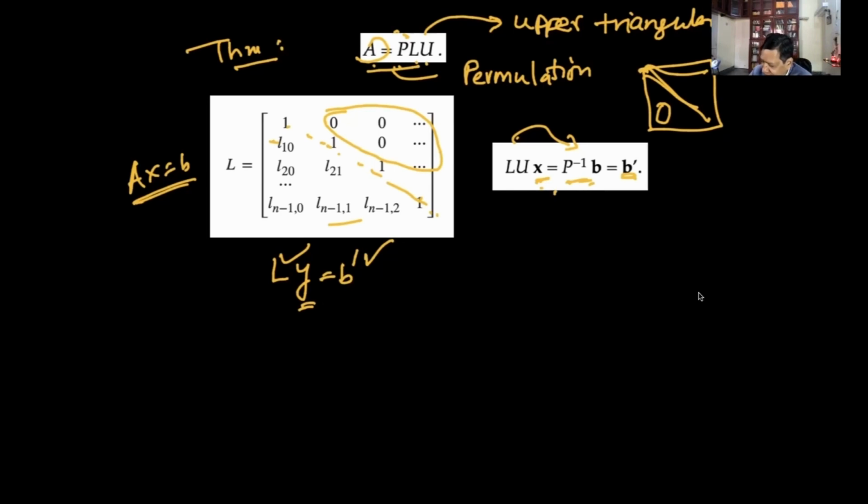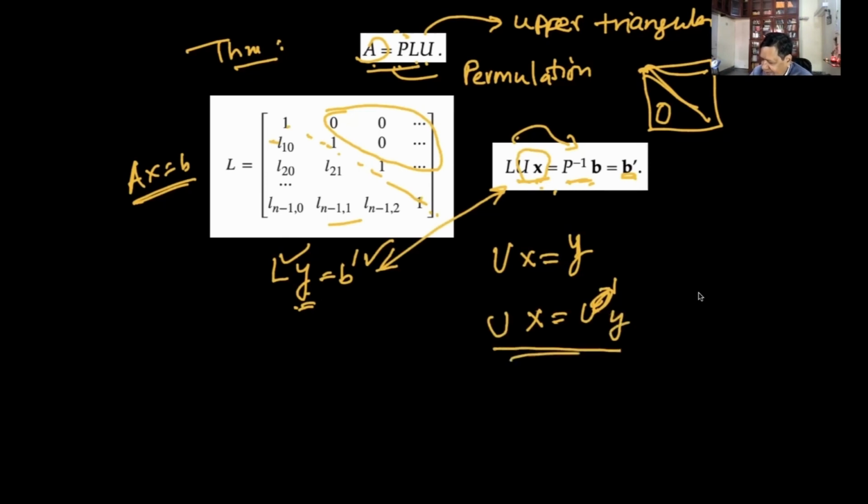After I find y, I can find x. Compare these two equations: Ux = y. I substitute Ux by y. So x equals U inverse y, but basically don't do the inverse; you just use back substitution to find x. This is again order n squared. So three times order n squared, which is much smaller compared to order n cubed for Gauss elimination.